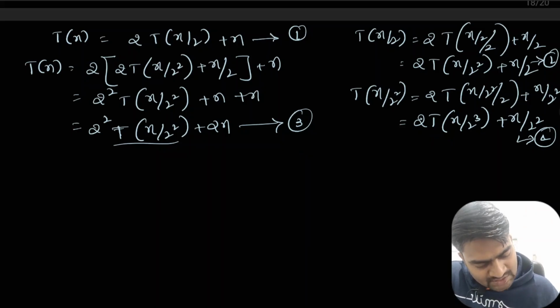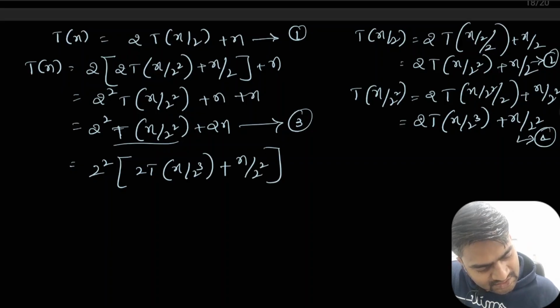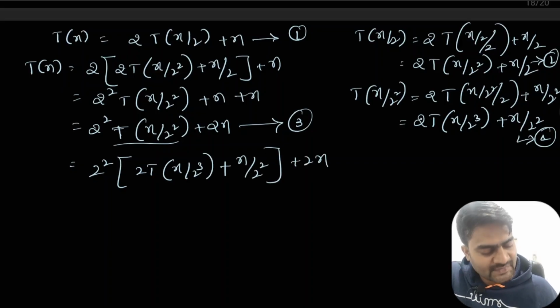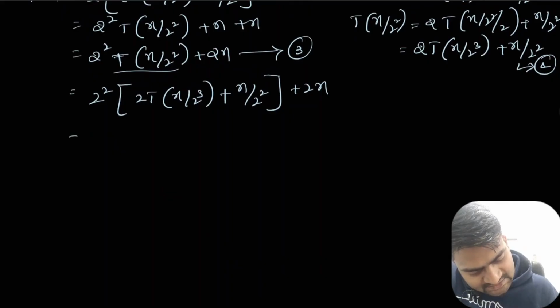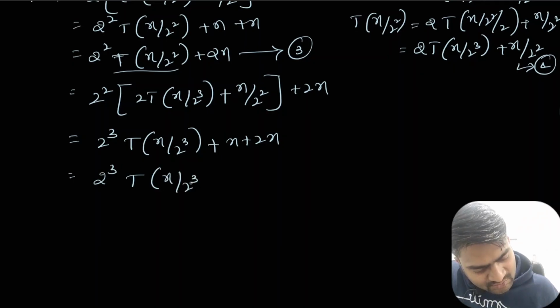So if I do that, it will be 2 square into 2t n by 2 cube plus n by 2 square, okay, plus 2n. Now if I simplify this, it will be 2 cube t n by 2 cube, plus 2 square gets cancelled. This becomes n plus 2n. This will be 2 to the power 3 t n by 2 cube plus 3n.